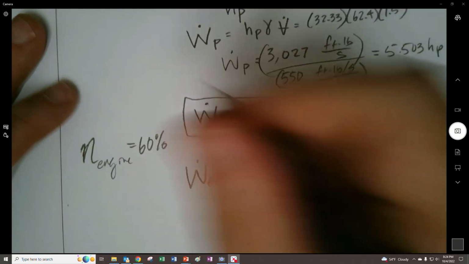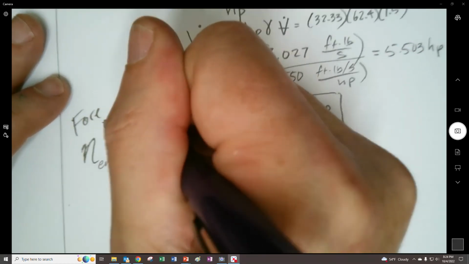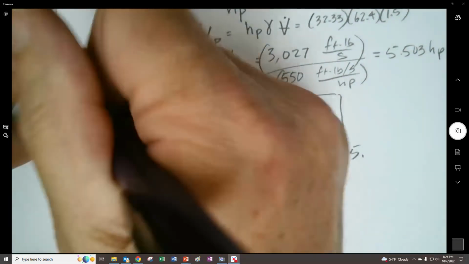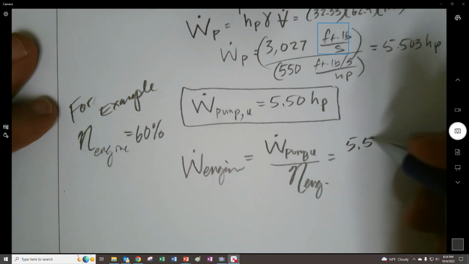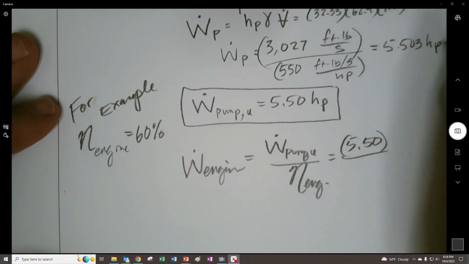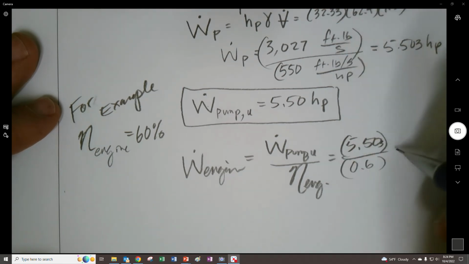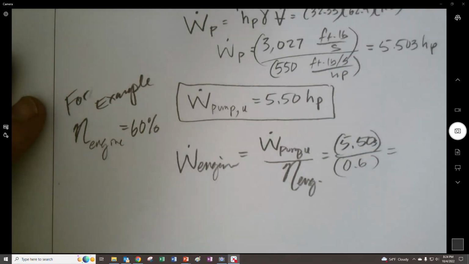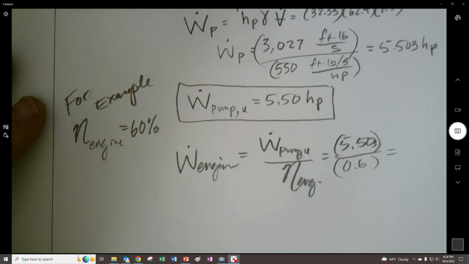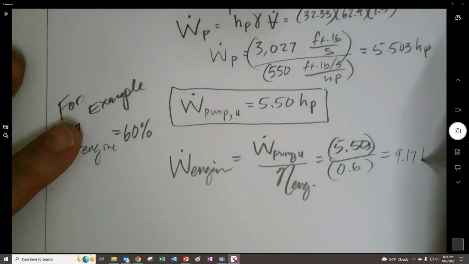So this is just for example. This wasn't part of the original problem. So 5.5 divided by 0.6, and you end up with something like 9.17 horsepower, right?